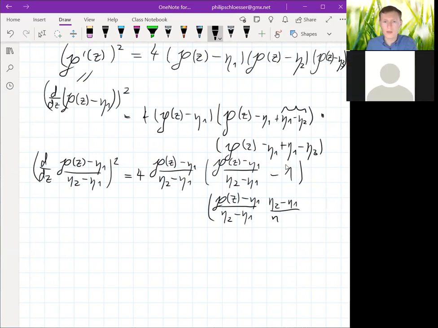And what we really want is to get rid of this eta 1 minus eta 3 there. So here we have eta 3 minus eta 1 minus 1, and then we pull out a factor of eta 1 minus eta 3. Correct? No, eta 3 minus eta 1.